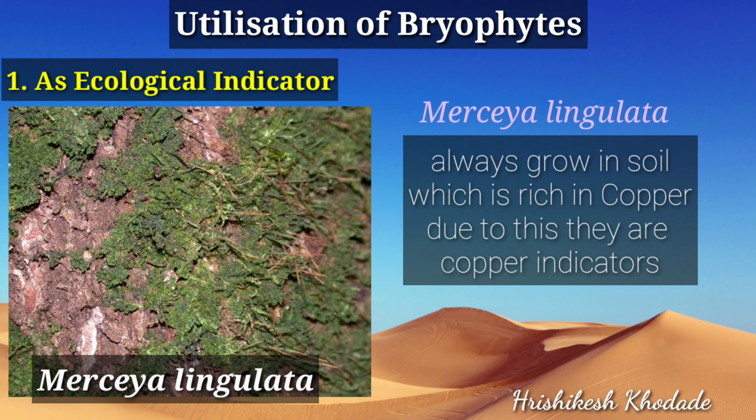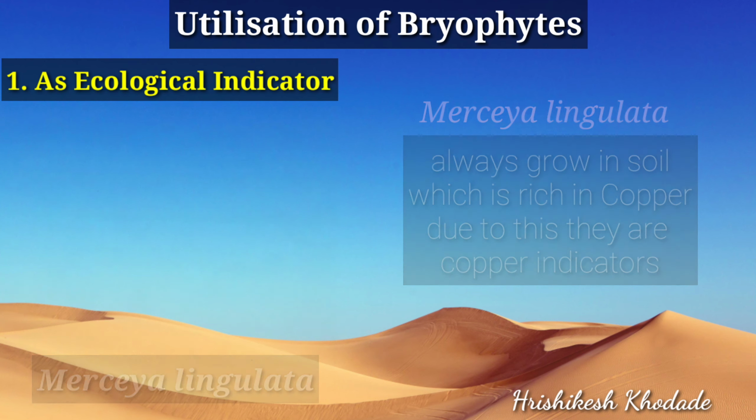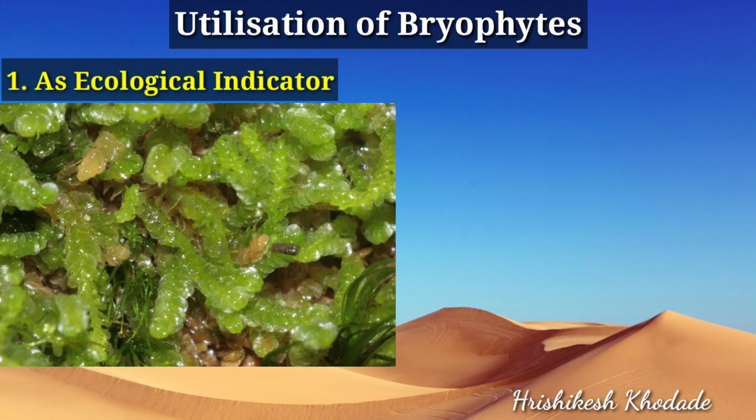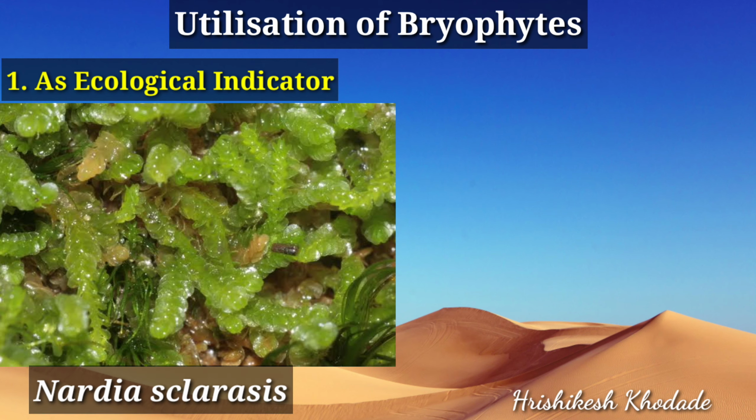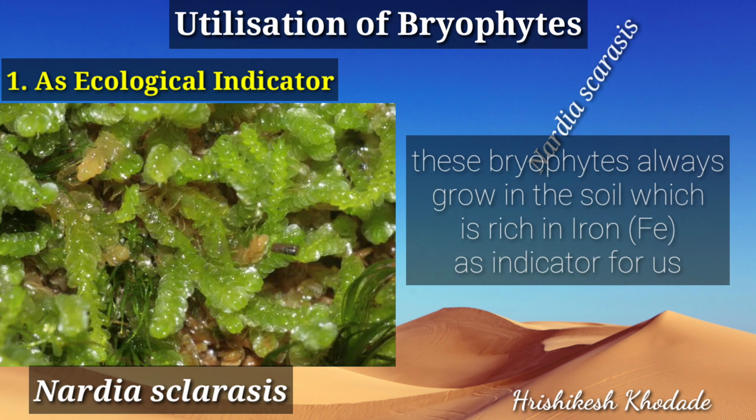So whenever you find this type of bryophyte growing, you can determine that there is copper in the soil and you can extract that copper for your various purposes. Also there is another bryophyte known as Nardia scalaris. This Nardia grows in soil which contains a higher amount of iron. So we have seen the copper indicator and iron indicator bryophyte plants.